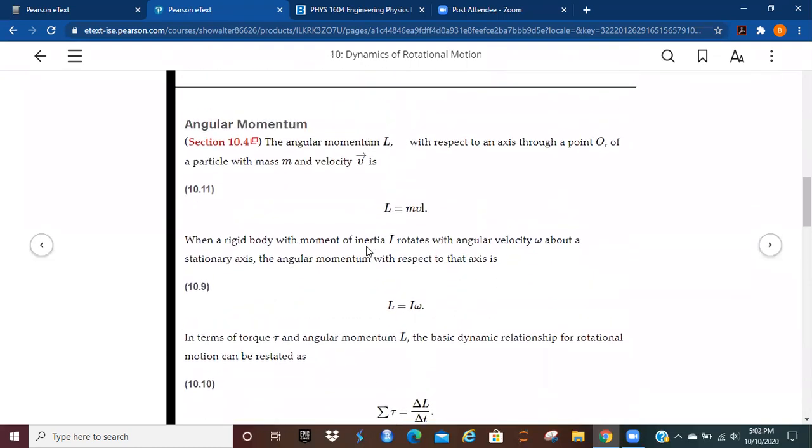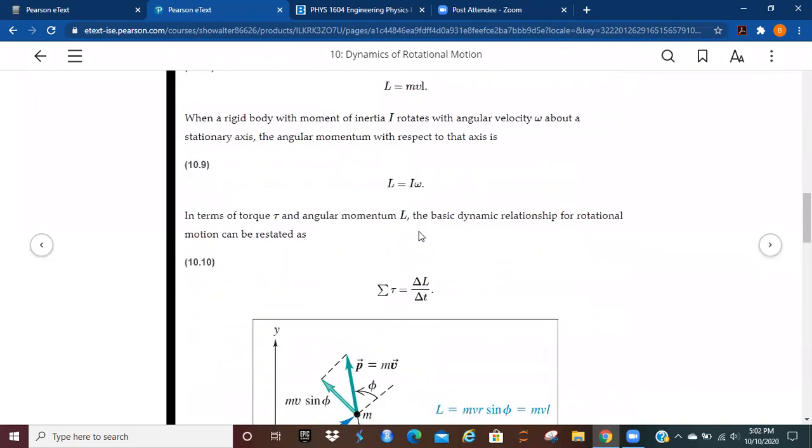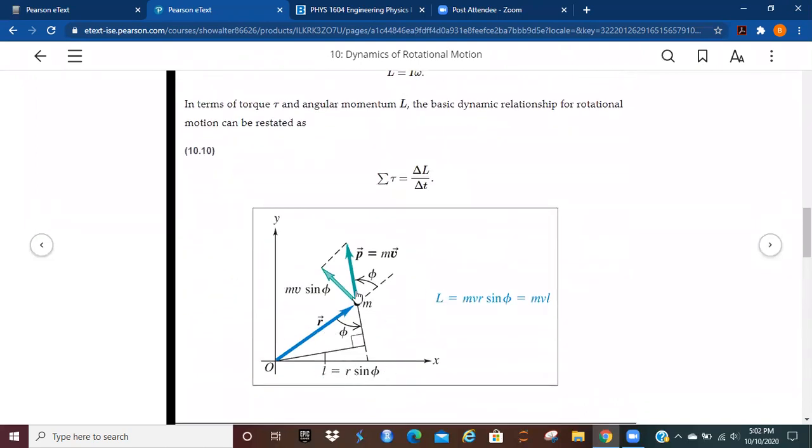Angular momentum, section 10.4. The angular momentum with respect to the axis through the point O of a particle of mass m and velocity v is going to be mvl. Let's take a look here. So we've got our arm here that's going out. It's the length of r.